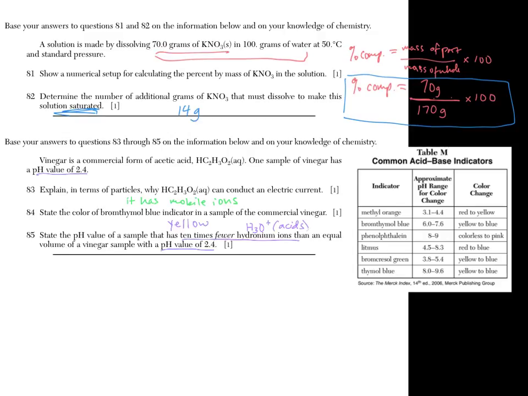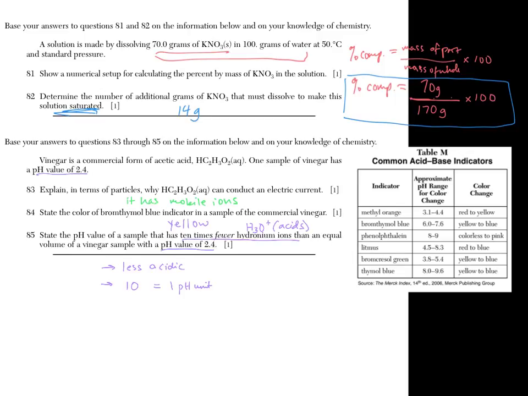So if you have less of those, we're less acidic. So I'm not boxing the final answer yet. This is not our answer. So we're less acidic. And every factor of 10 gives you 1 pH unit. So if you have 100, that's 2 pH units. It has to be a factor of 10.